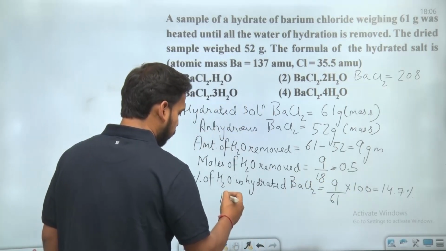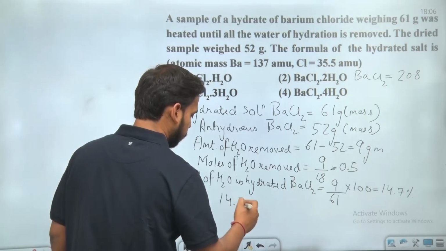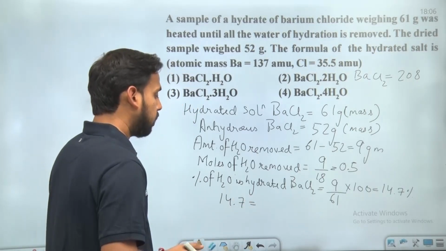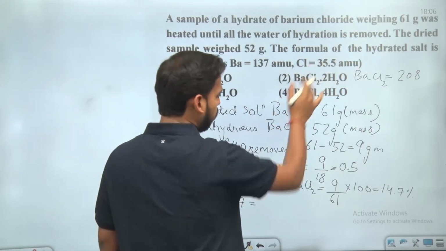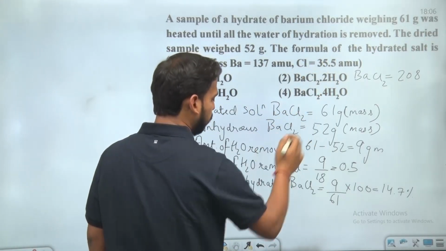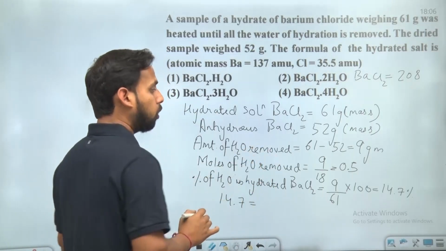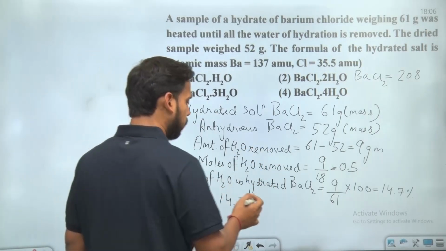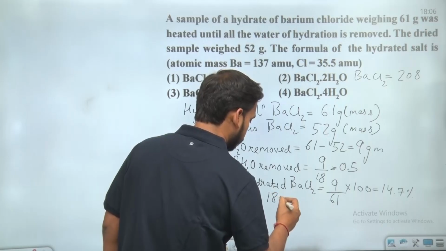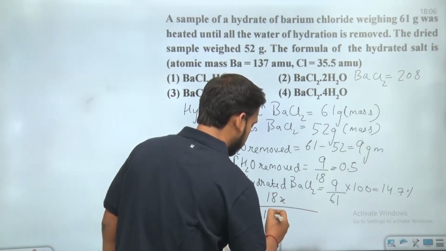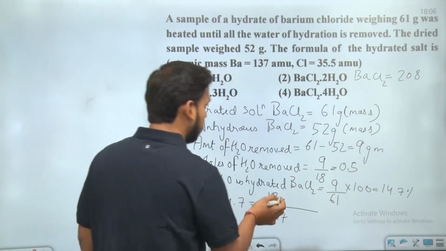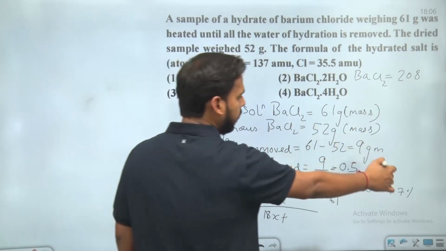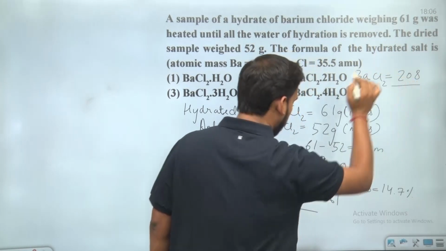So for water the molecular mass is 18, so it will be 18x divided by 18x plus 208, the molecular mass of barium chloride.